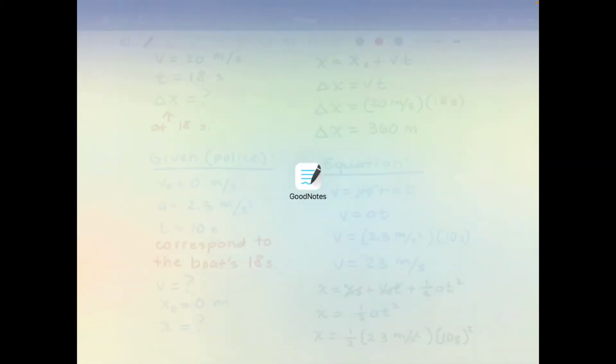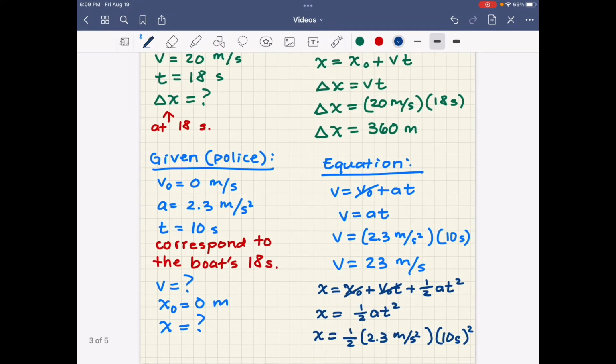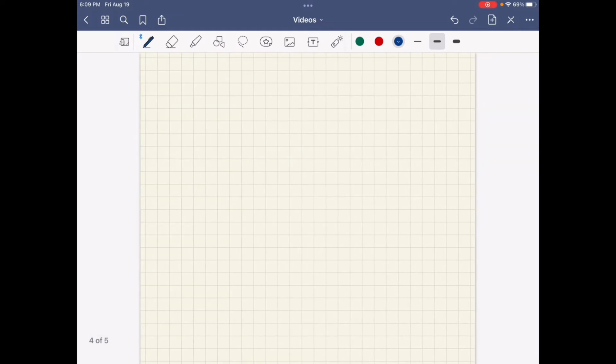So now we can say the police's final position equals 115 meters. All right, we have good information. Now, let's try to draw our motion graphs.